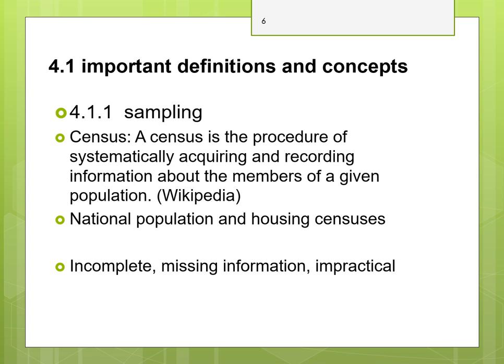So sampling is used extensively today for many reasons. In many situations, a sample produces more accurate information about the population than that provided by a census. So, what's the meaning of census? Census is the procedure of systematically acquiring and recording information about the members of a given population.